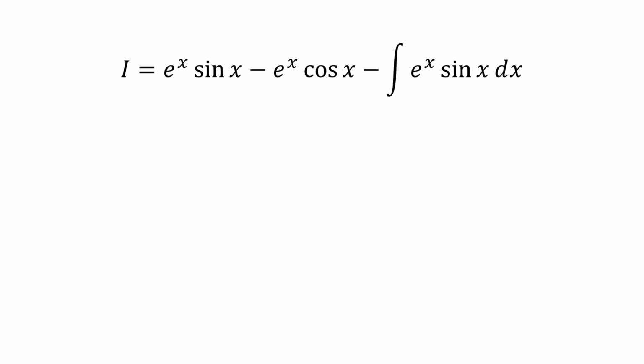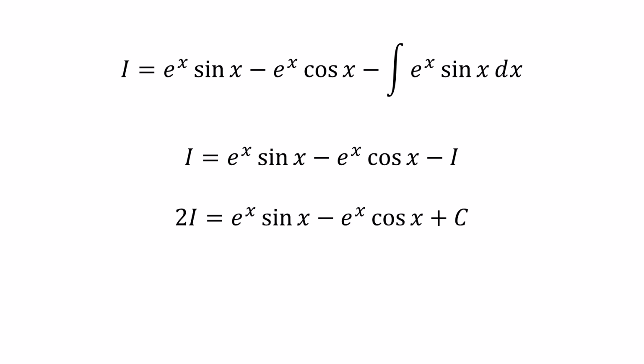The remaining integral is I, so we have I equals e to the x sine of x minus e to the x cosine of x minus I. Adding I to both sides of the equation then gives 2I equals e to the x sine of x minus e to the x cosine of x plus c.